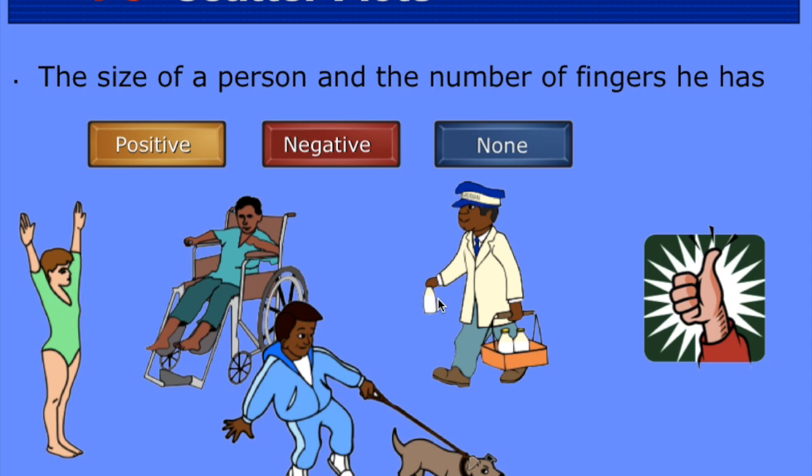Well, what do you think? Is there a correlation? So if the size of a person is smaller, so let's say someone really short, do they have less fingers? Versus a person who's really tall, do they have more fingers? No, there really isn't a correlation between that, because everyone has 5 fingers. So that means that that would be none.